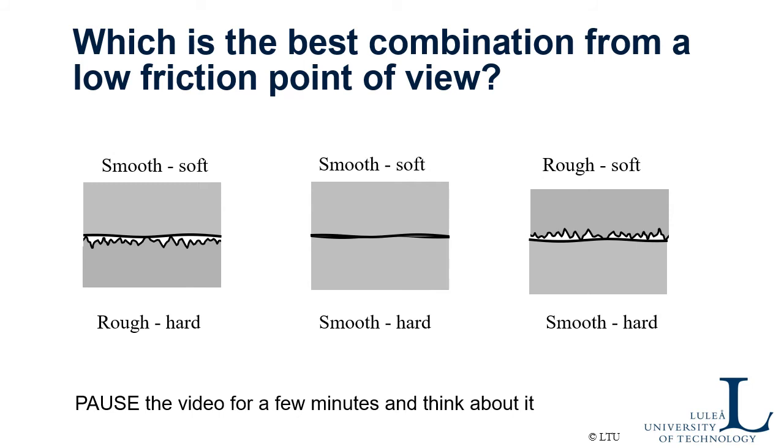Or should you do it the other way around? Or should you take two smooth surfaces, one soft and one hard? Or should you take a rough soft surface in contact with a smooth hard surface? Which one of those three cases will give the lowest friction? Think about that for a few minutes.